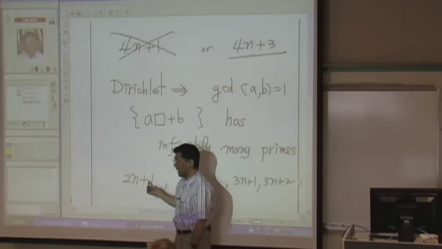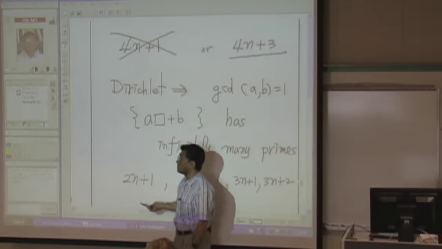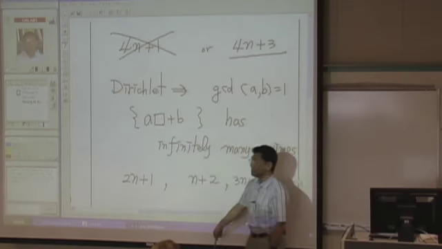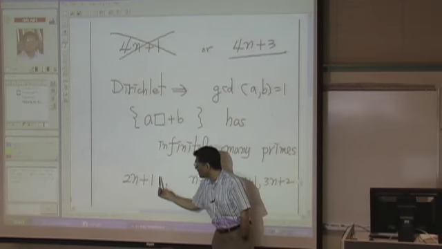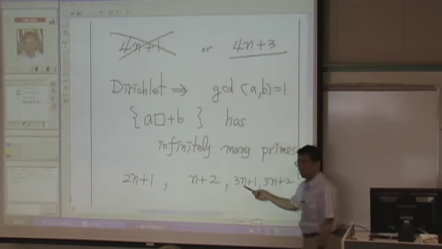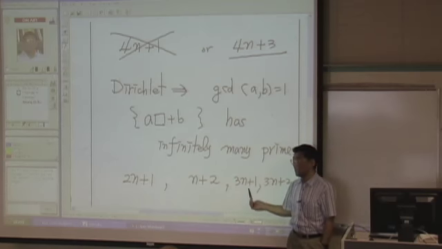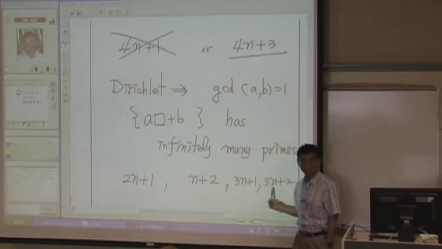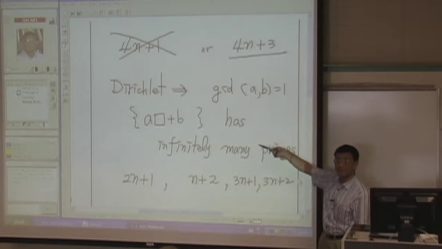What about these odd numbers? 1, 3, 5, 7, and so on. And inside that set, we can have infinitely many primes. Or for instance, 1, 4, 7, 10, and so on has infinitely many. Do you follow me?